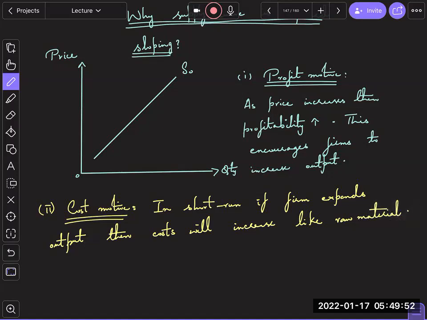And due to this increase in the cost of the raw material, the firm has to increase the price.